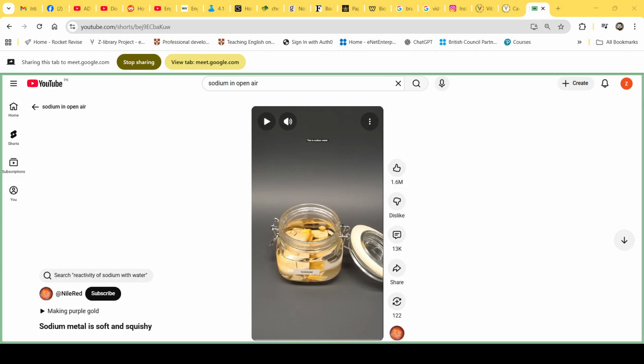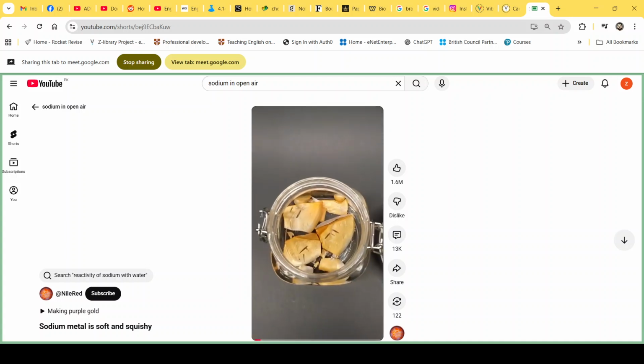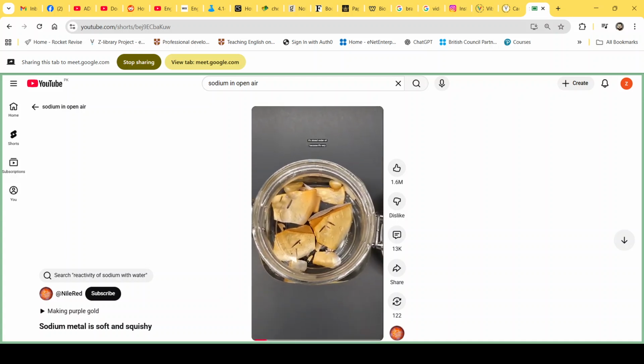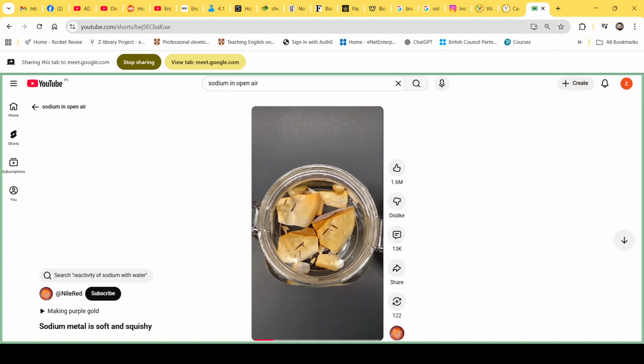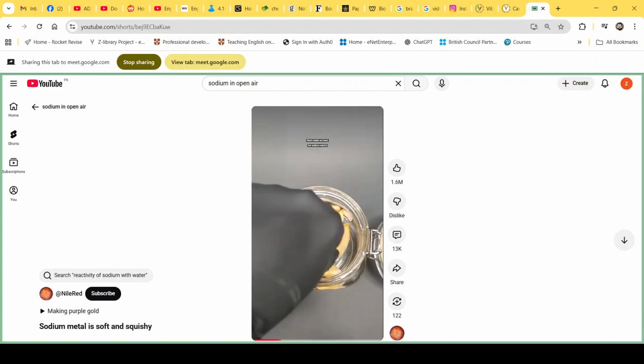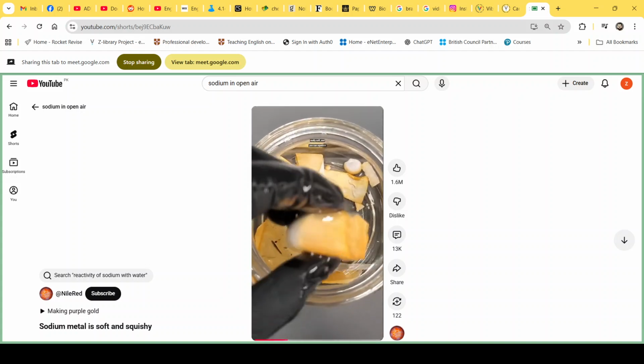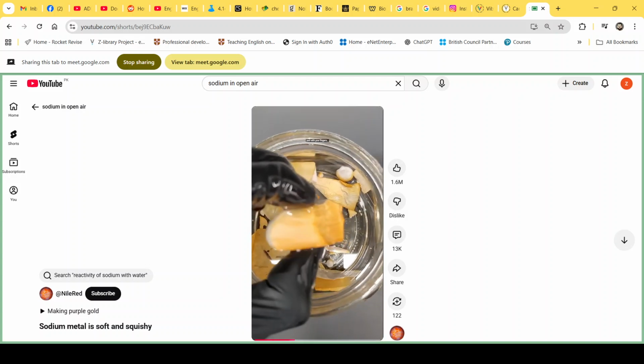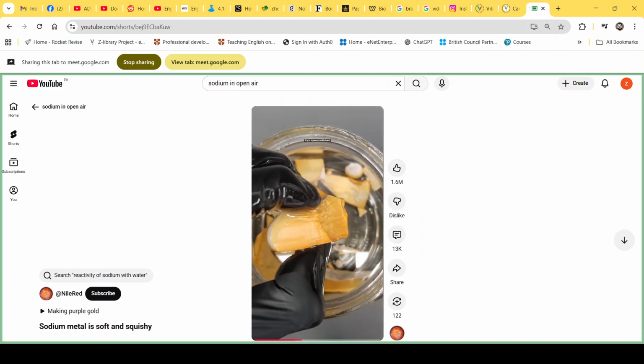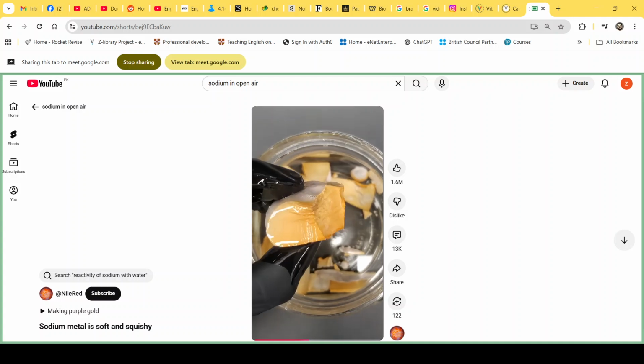Here's the video showing how sodium is stored. It's a soft and reactive metal. This is sodium metal. It's stored under oil because it's very reactive to moisture and air. Most metals are hard, but sodium metal is really soft, and you can squish it with your fingers if you squeeze really hard.